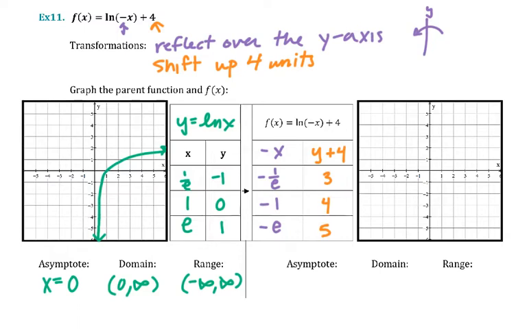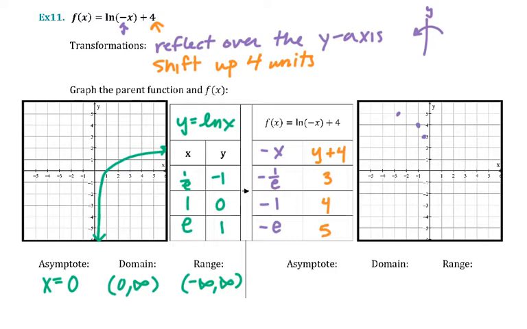So if I plot my points, I've got my -1 over e up 3, -1 up 4, and -e, 2.7-ish, up 5.